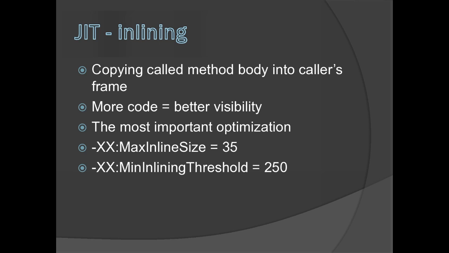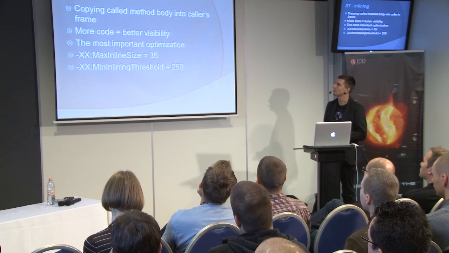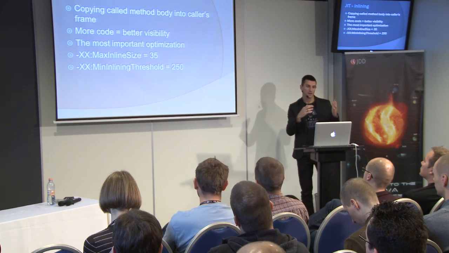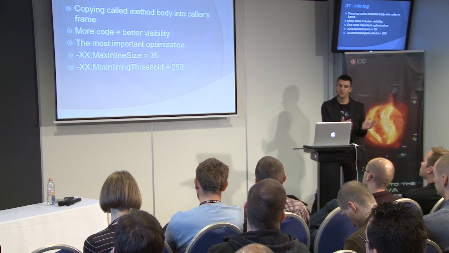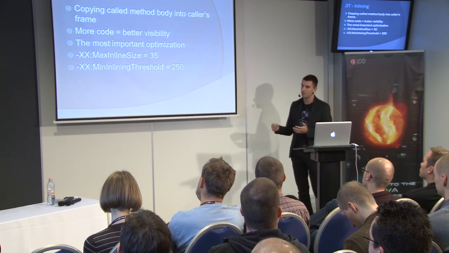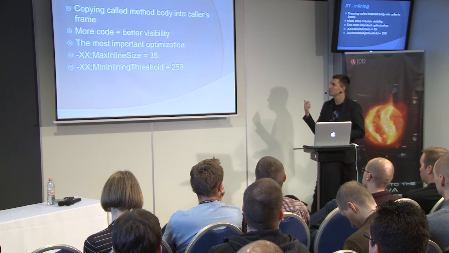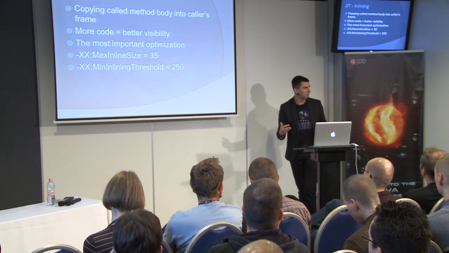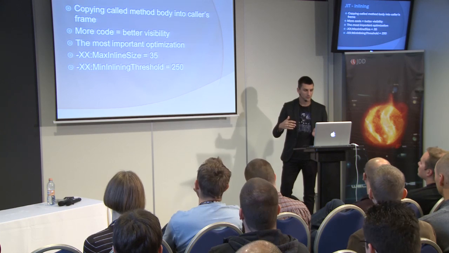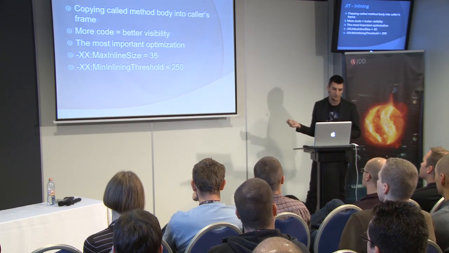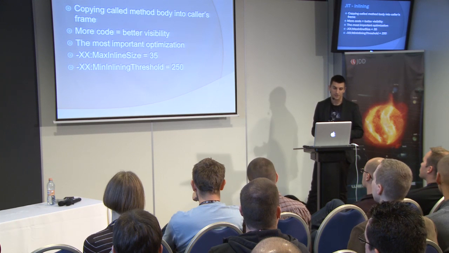Inlining. Inlining is, I think, the most important optimization in JIT. In simple words, it's getting the callee method body and putting it into the caller method. Why? Because more code gives us much better visibility. I will show it in examples later.